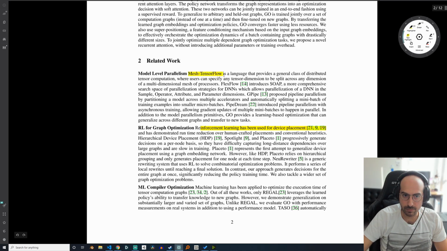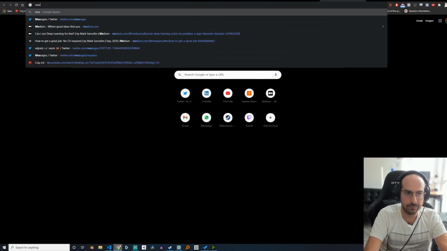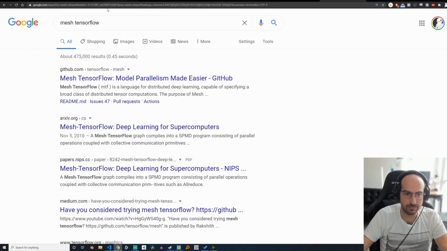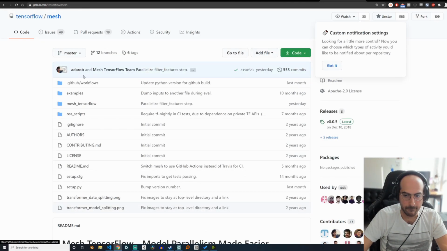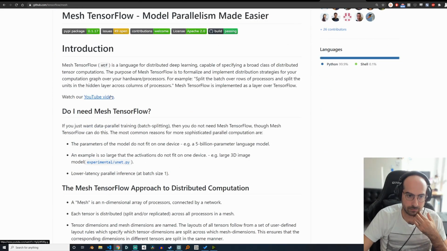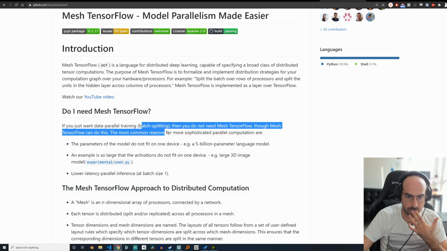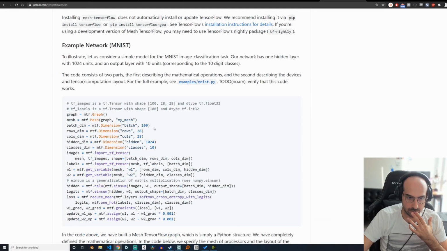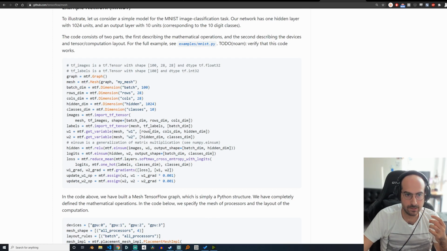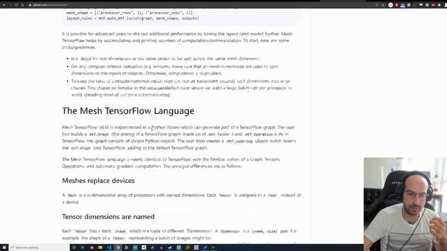Mesh TensorFlow. Let's check this out. Okay, so it looks like a DSL that does this kind of stuff.